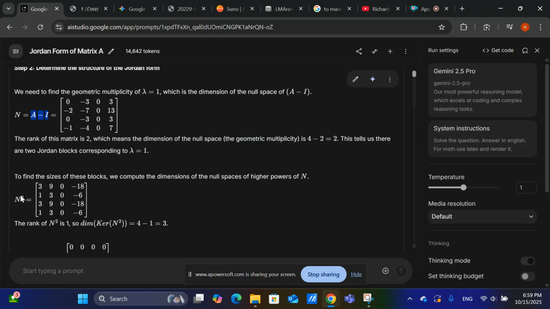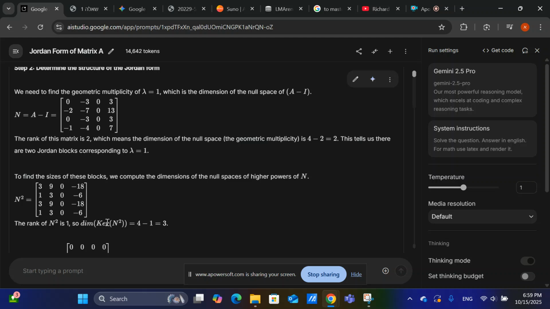Now I can go on and continue with this nilpotent matrix and take it to the power of 2. We will look again at the dimension of the kernel of N squared. When I do so, I will look at the rank. I can, for example, look at which columns are multiples of the others. You can see it right away. This, for example, is 3 times this, and this is minus 6 times this. Okay, so the rank is 1.